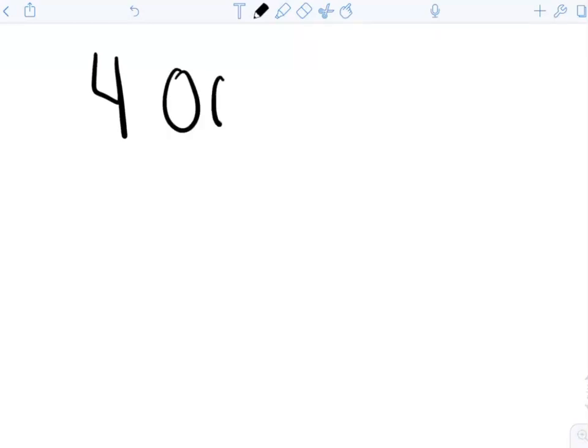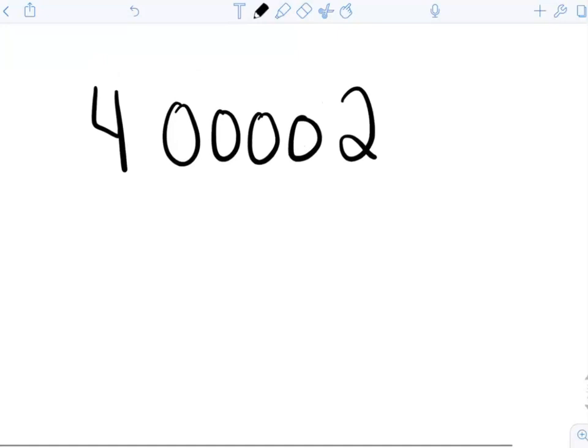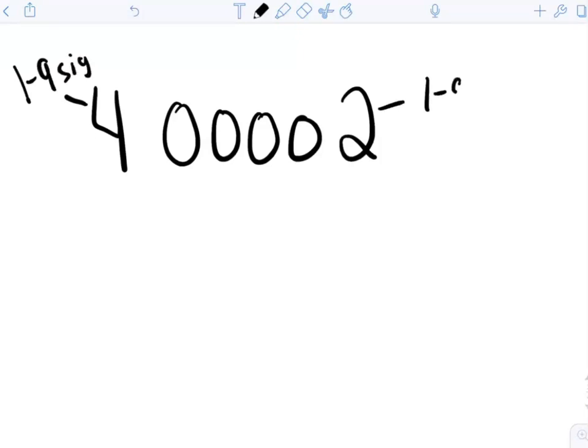Okay. Our next example is, let's say if we had this number. Okay. Well, again, we know that this 4 is a 1 through 9 number, so it's significant. This 2 is 1 through 9, so it is significant.